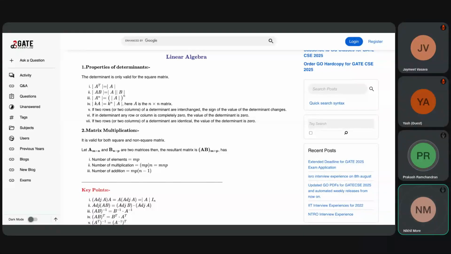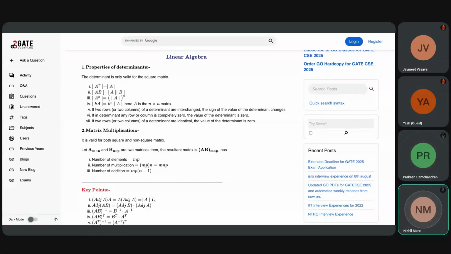So if we change the rows, the sign will definitely change, because at least one element in the row would change its sign. If any row or column of a determinant is completely zero, the value of the determinant is zero. Again, it comes from the definition of determinants.